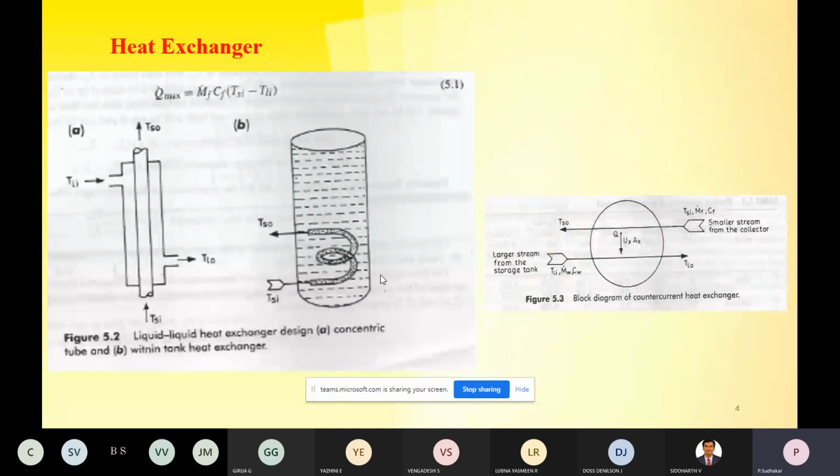You have to see the analysis of a heat exchanger, which you would have seen in your heat and mass transfer course. There are many kinds of heat exchangers, but here we are going to see the liquid to liquid heat exchanger. Tube within tank heat exchangers are used in solar water heating. So, what are the advantages of the liquid to liquid heat exchanger?